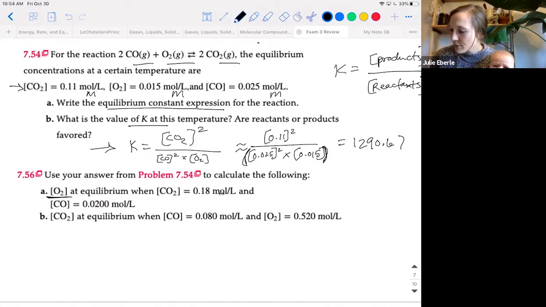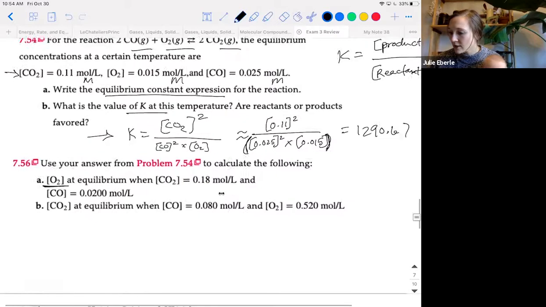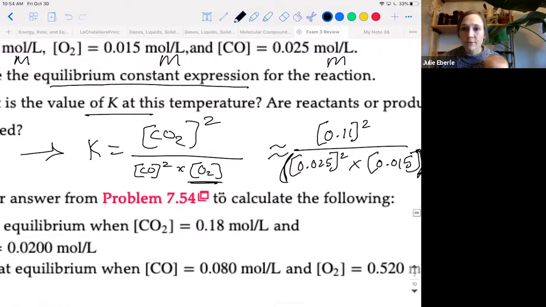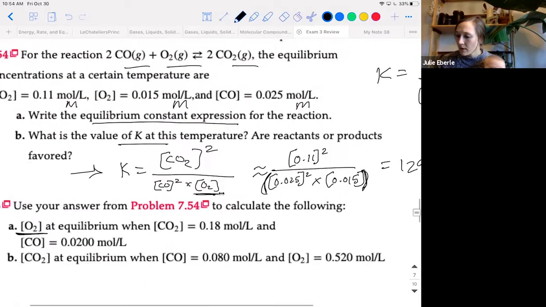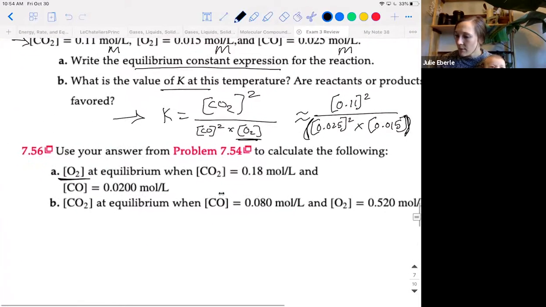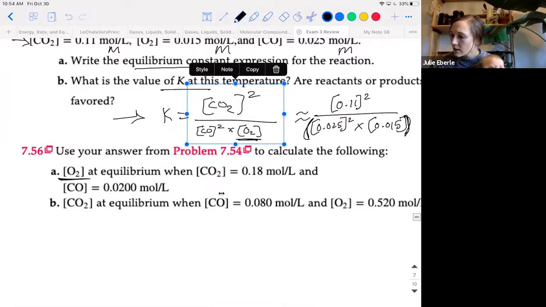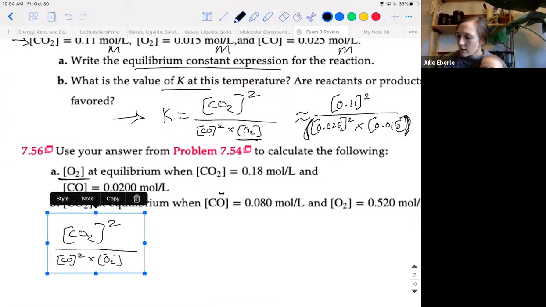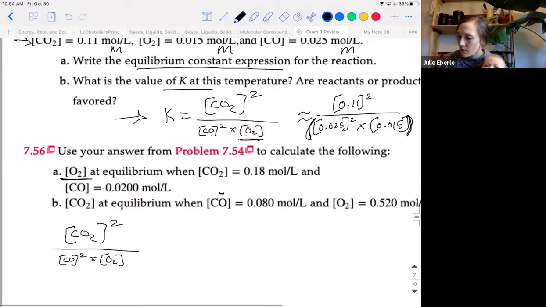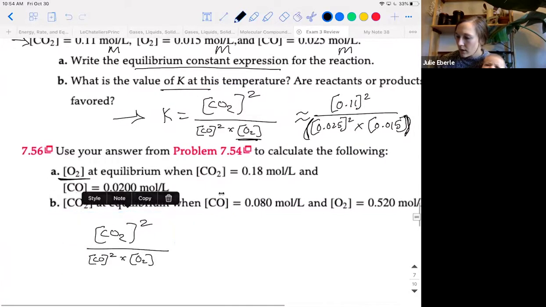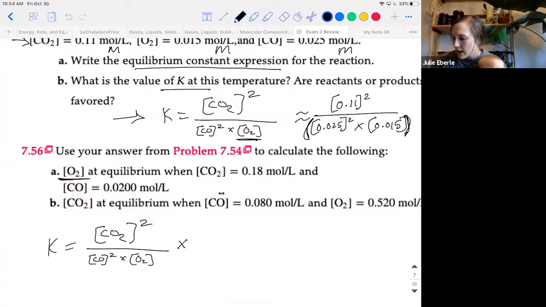All right, so we're going to rearrange. I'm going to multiply both sides of the equation by oxygen, because if you look, I have oxygen in the denominator down here, and I want to solve for it. I need to move it to the other side. So I'm going to copy this thing, and we know that equals K. So I'm going to multiply both sides by oxygen.